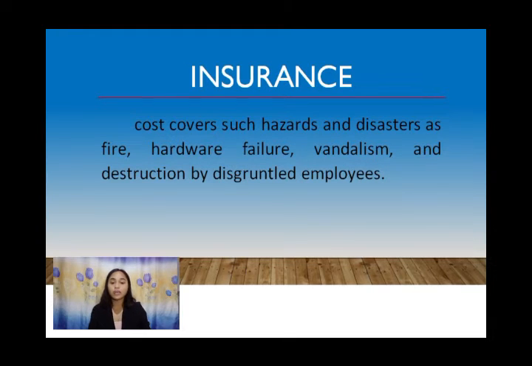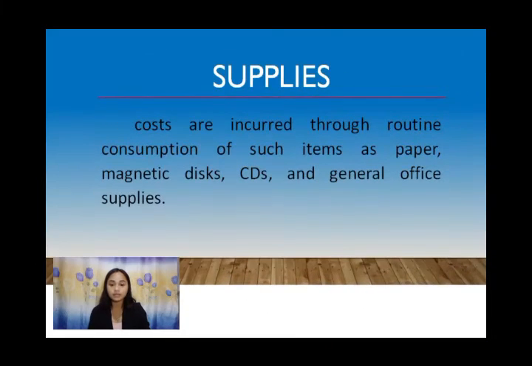It is used to hedge against the risk of financial losses, both big and small, that may result from damages to the insured or the property, or liability for damage or injury. These costs cover such hazards and disasters such as fire, hardware failure, vandalism, and destruction by disgruntled employees.